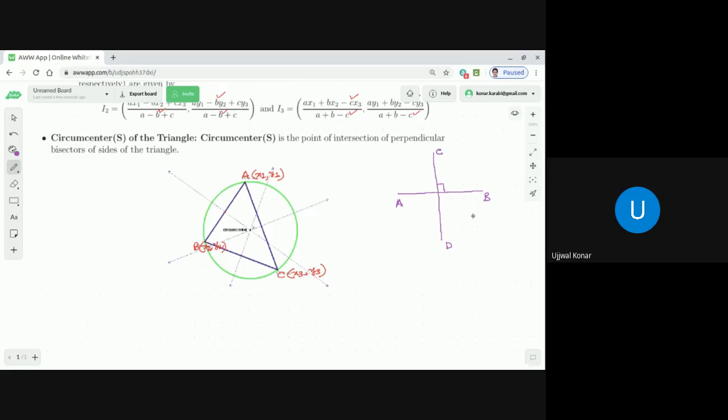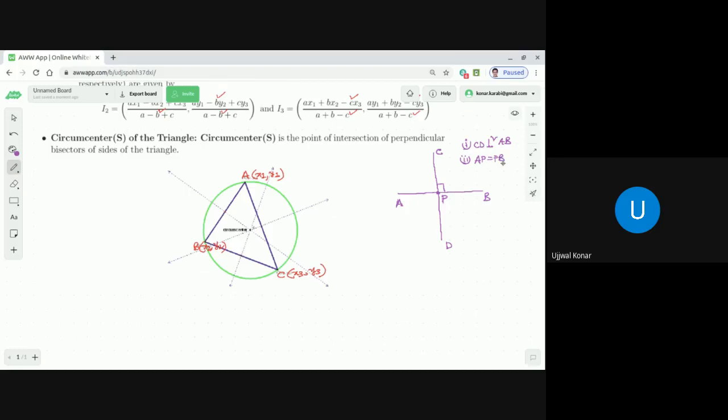The second condition is that the point of intersection of the lines AB and CD, suppose the point of intersection is P, divides the line segment AB into equal parts. That means, dear students, that AP is equal to PB.